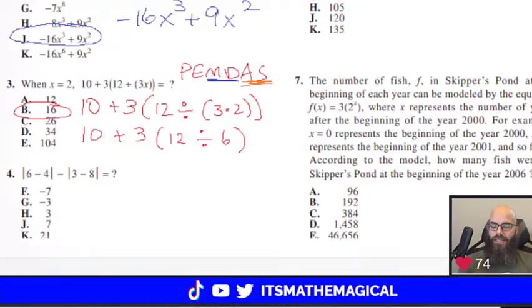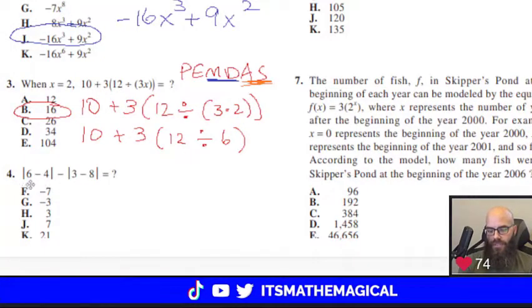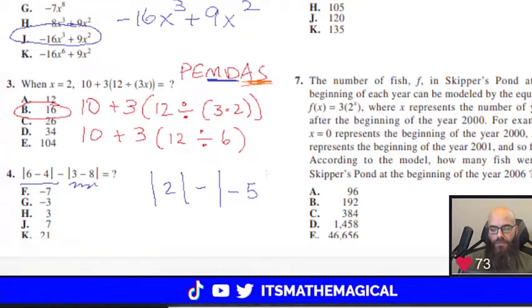So inside this first set of absolute value bars is 6 minus 4. So 6 minus 4 is 2. So we're going to say the absolute value of 2. And then we're going to say minus, and then go inside the second set of absolute value bars. 3 minus 8 is negative 5. So we got the absolute value of negative 5.